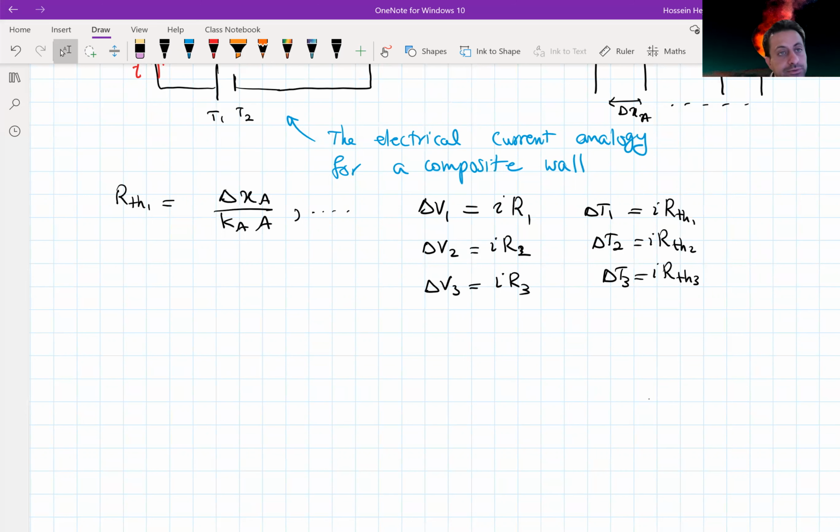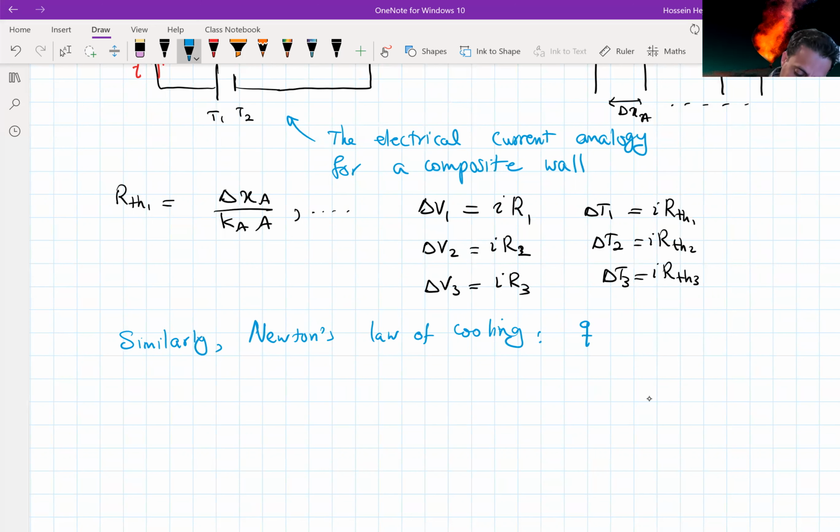Similarly, we can use it for Newton's law of cooling. If you recall, in Newton's law of cooling, Q was the heat transfer coefficient times area times T of surface minus T of infinity, which I'm going to treat as hA delta T. In other words, we can write Q equal to delta T divided by 1 over hA.